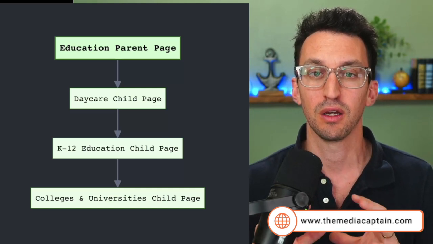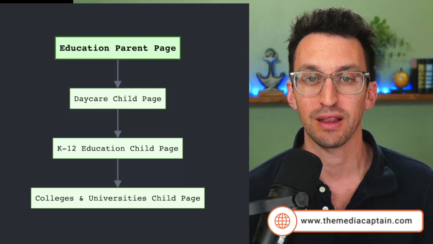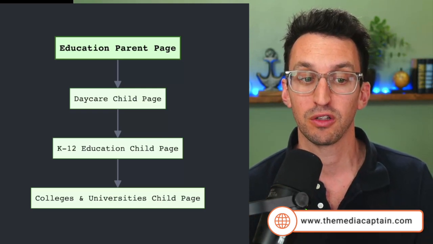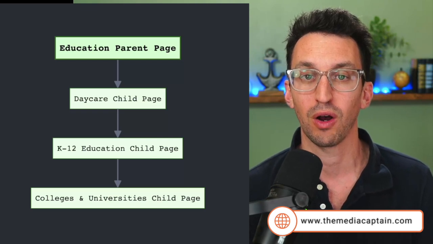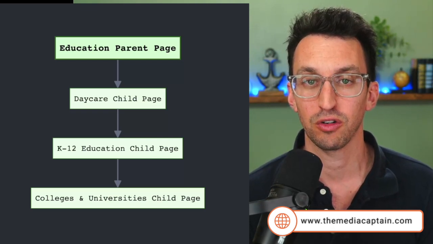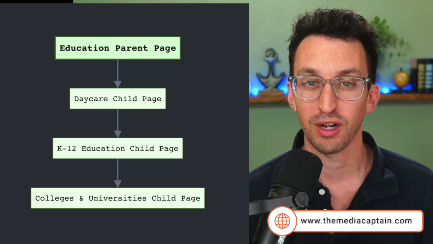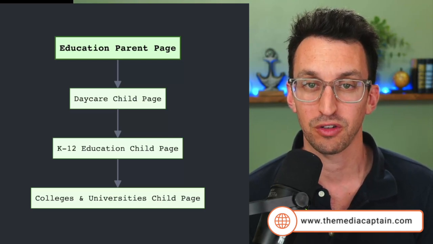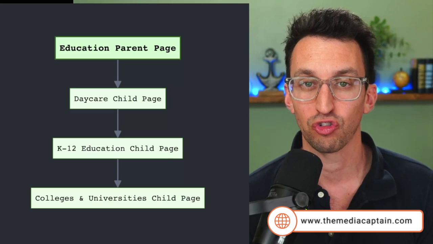That is the page that gives the high level explanation, and it serves as a gateway page to then daycare, K through 12, college and universities. So when you're building out your industry pages, make sure not to get generalized, really niche down, because that is going to drive even higher quality traffic.